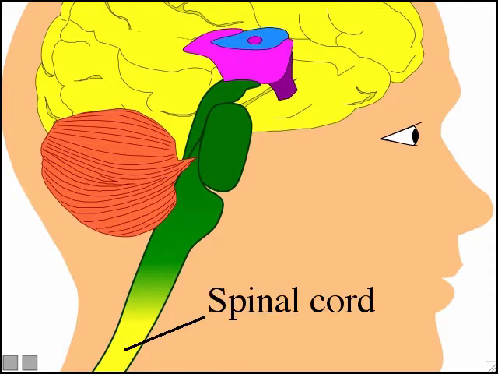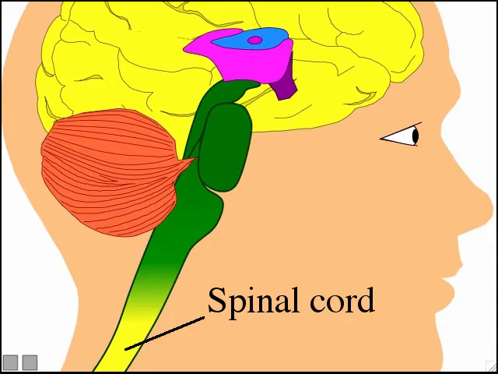If you look at the lecture handout, it says the spinal cord is a downward extension of the nervous tissue from the brainstem. And what I mean by that is that the top of the spinal cord connects smoothly to the bottom of the brainstem. There's no abrupt border between the two. They just flow smoothly into each other.